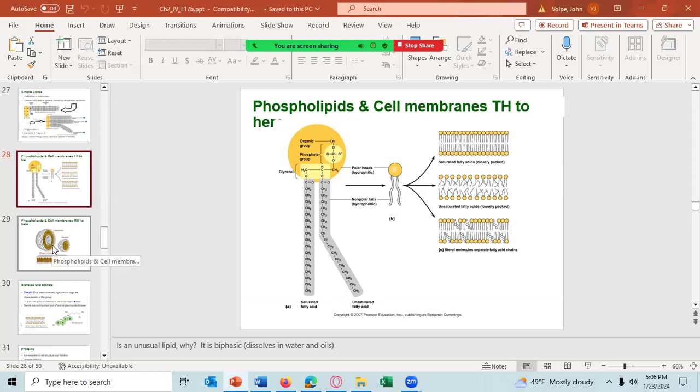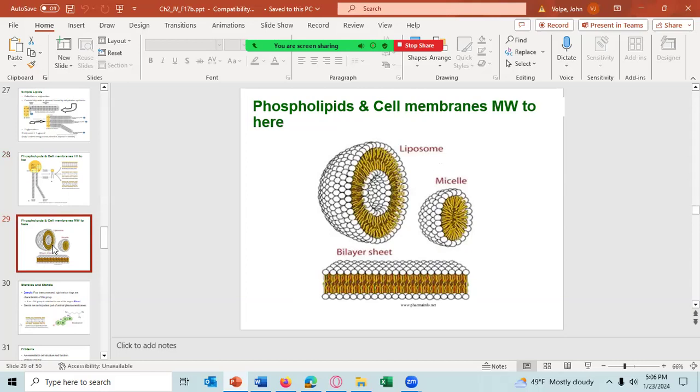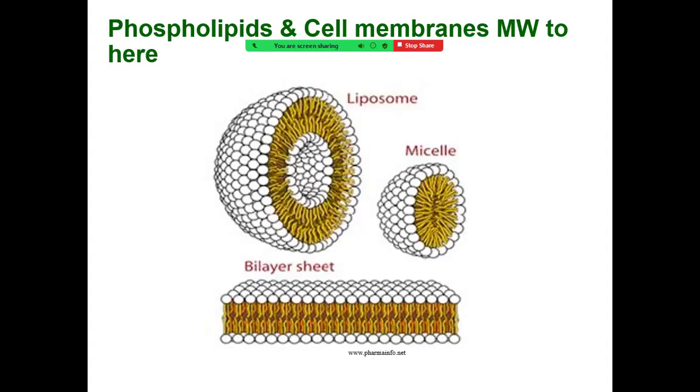When you get a bunch of phospholipid molecules and you put them together in water, they will start lining up like this. Let me make this a slideshow. They'll start lining up so that the fatty acid portions of the molecule will come together and be away from water, which is on the outside.